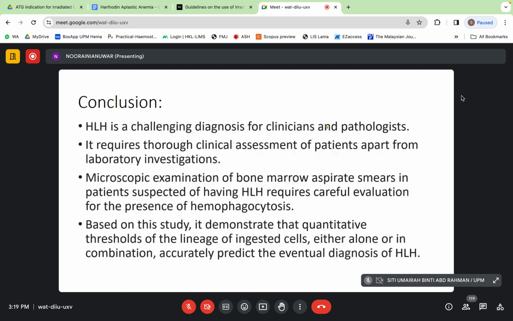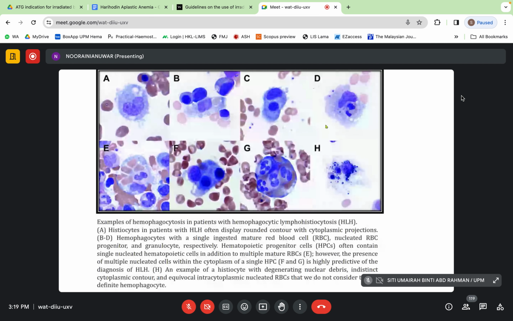So this is an example of hemophagocytosis in a patient with HLH. Usually they said that histiocytes in patients with HLH often display a rounded contour with cytoplasmic projection, and hemophagocytes can be present with a single ingested mature RBC here, and either it ingests NRBC or we can see it ingesting granulocytes.